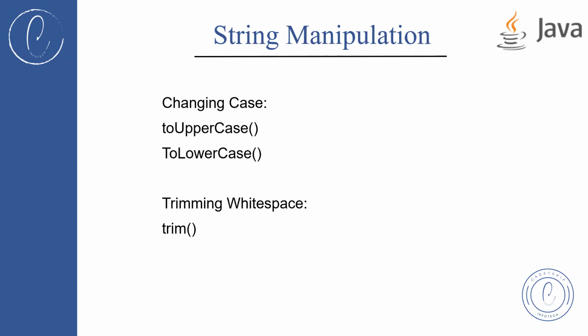To convert our string to uppercase, we have the toUpperCase method, and for converting our string into lowercase, we have the toLowerCase method. And for trimming, to remove any white spaces present in my string, I can use my trim method. So this is the general way of manipulating a string in Java.